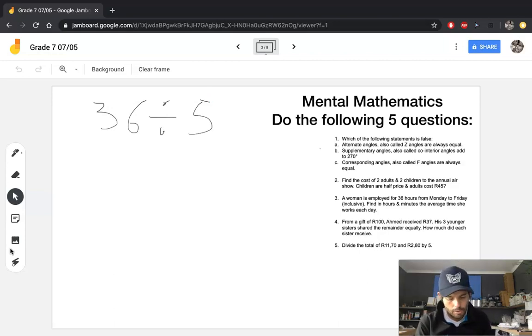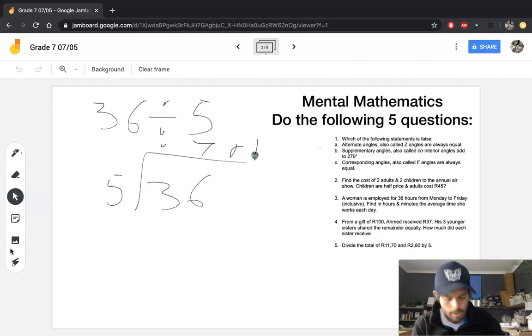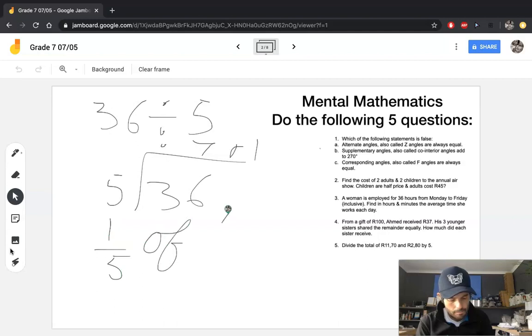So we can do this in short division, okay, and you will see that that works out to 7, remainder 1. Okay, so that's 7 hours, but the remainder 1 is remainder 1 over 5, and that needs to be a fifth of 60 minutes.